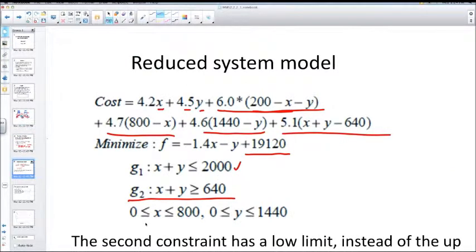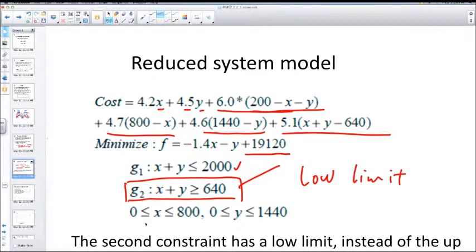So the real difference of this example from the two examples we had in last lesson is this second constraint. We have a lower limit or lower boundary instead of all upper boundaries, upper limits, like the example before.